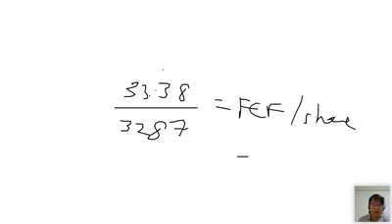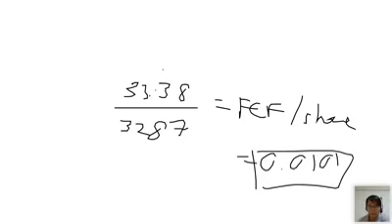Let me calculate. 33.38 divided by 3287 is 0.0101. So this measures whether the company is able to pay if they want to.